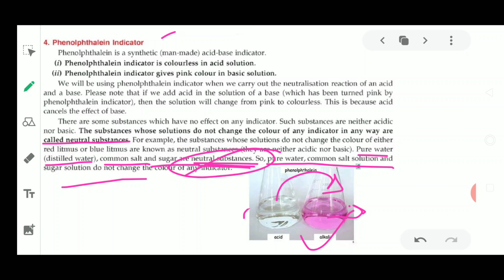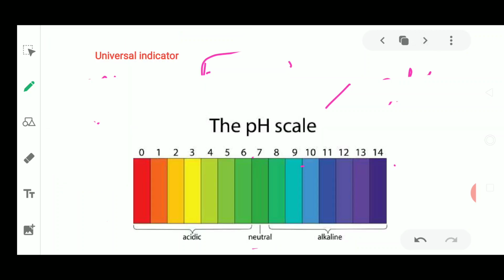Such as distilled water. Once you add distilled water to the universal indicator, it is going to give you 7, the green color.